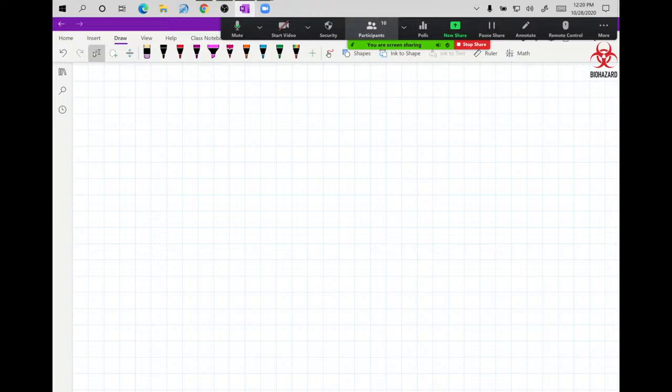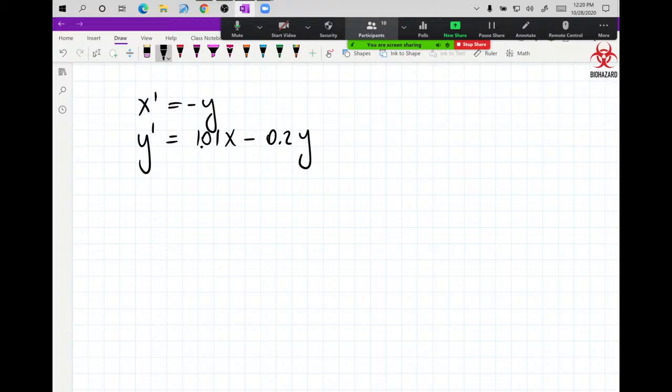We can go with, let's say, x prime equals negative y, and y prime equals, this is terrible numbers, 1.01x minus 0.2y, with initial conditions x of 0 equals 0 and y of 0 equals 1. So, the solution for this system.